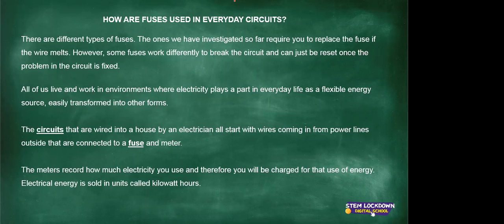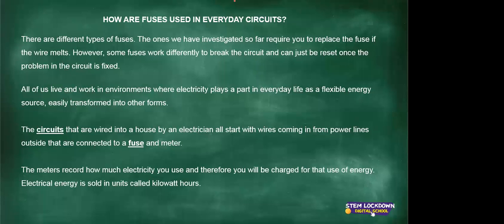Okay, so circuits are wired into your house by an electrician. They start with the power lines outside and then connect to your fuse and to a meter. The meter is basically there to take the reading of how much electricity you use every month. That information goes to the electricity department and they bill you accordingly. Or some people buy prepaid electricity.